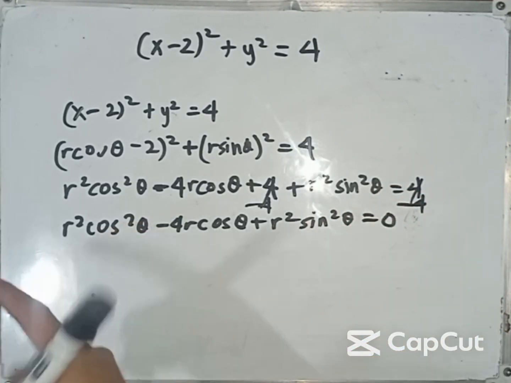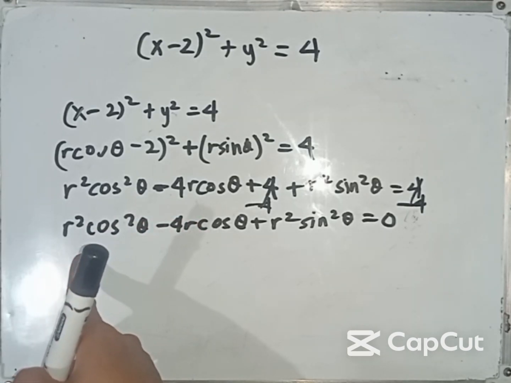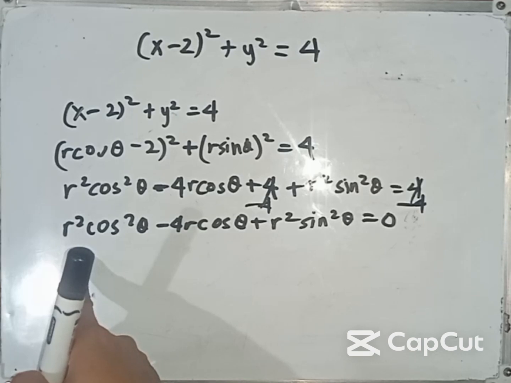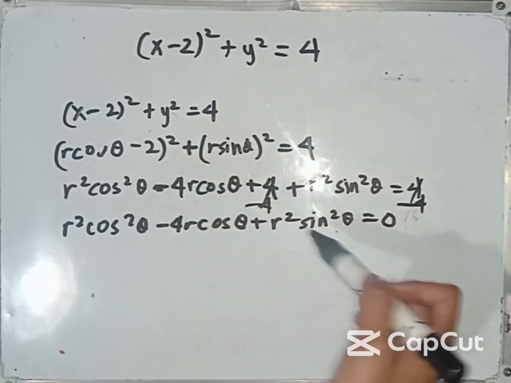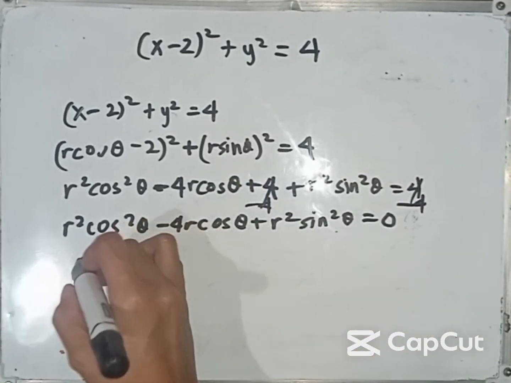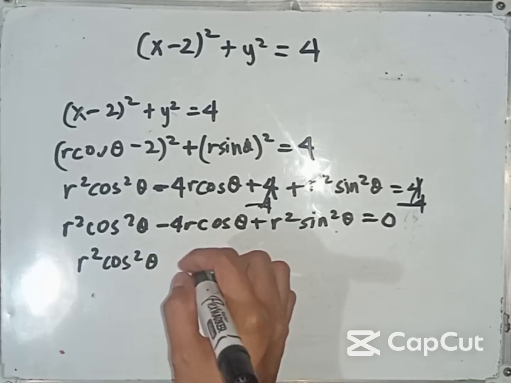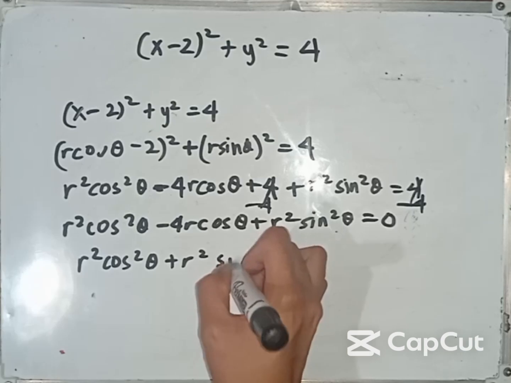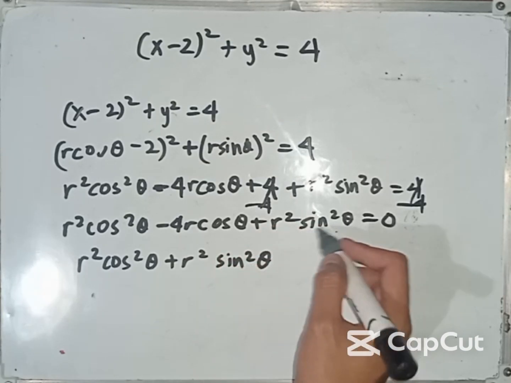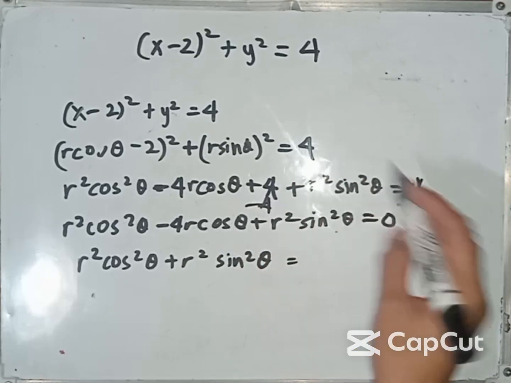After that, let's transpose the expressions that have squared on the left side and the expressions without squared on the right side.